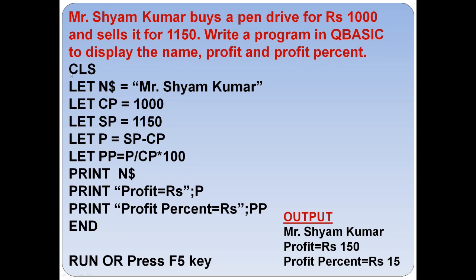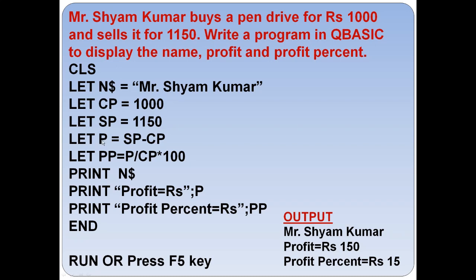For this, first we will write CLS, then let N$, because we are printing the name and the name will come in string form, so N$ is equal to double quotes, we will write the name Mr. Shyam Kumar. Let CP be the cost price, it is given in the question, 1000. Then let SP be the selling price, and it is also given in the question, 1150 rupees.